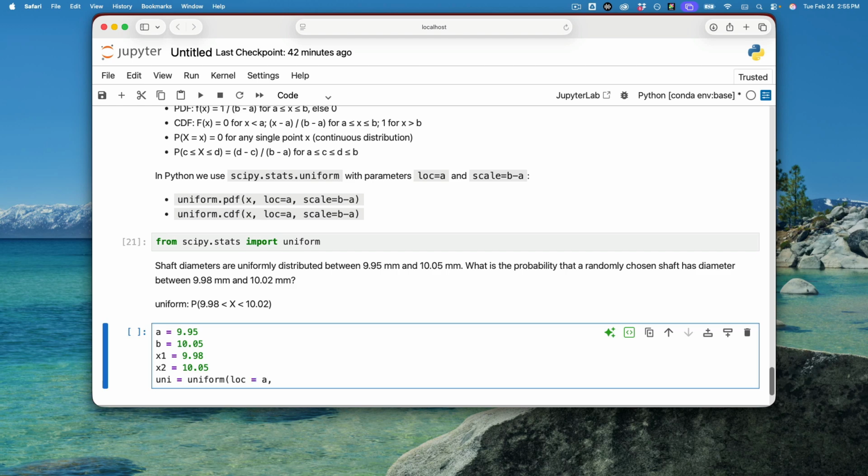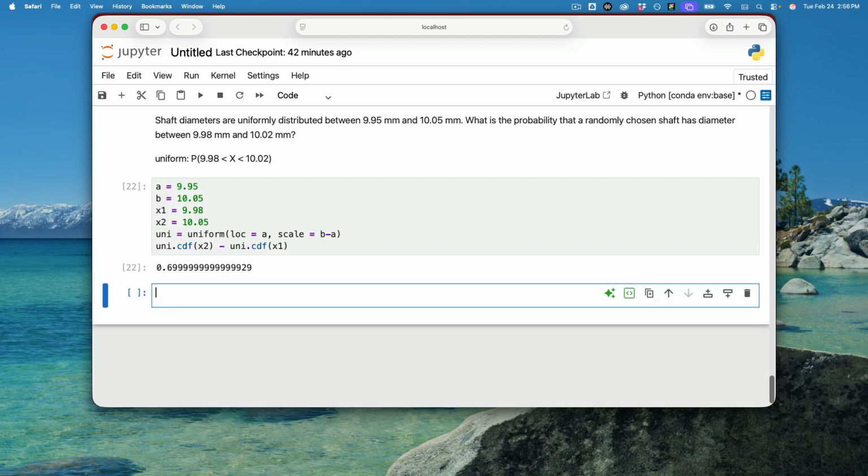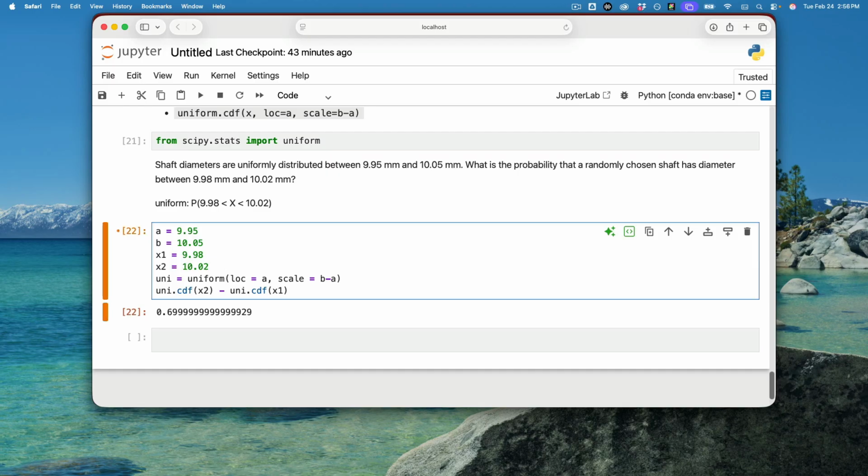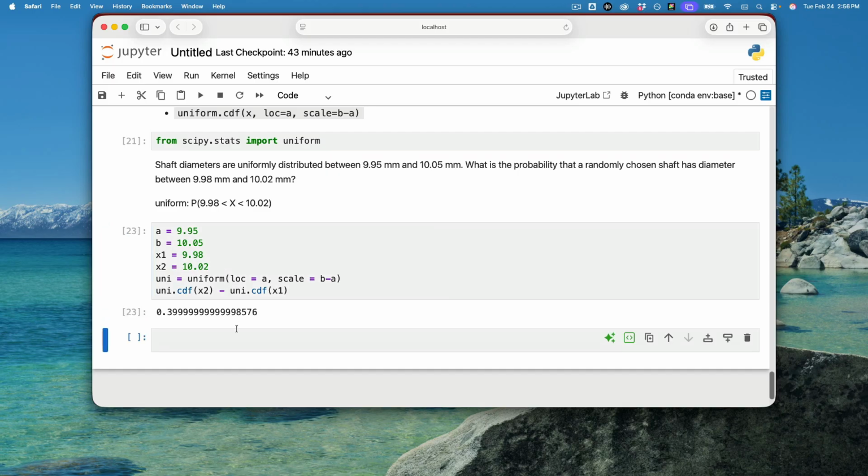Location is equal to A, and scale is equal to B minus A. And then I can simply say uni.cdf at x2 minus uni.cdf at x1. Okay? Did I put 10.02? My apologies. Yep, 0.4.